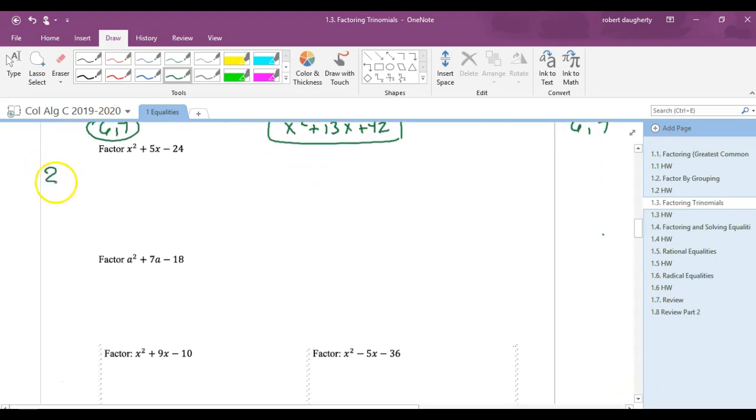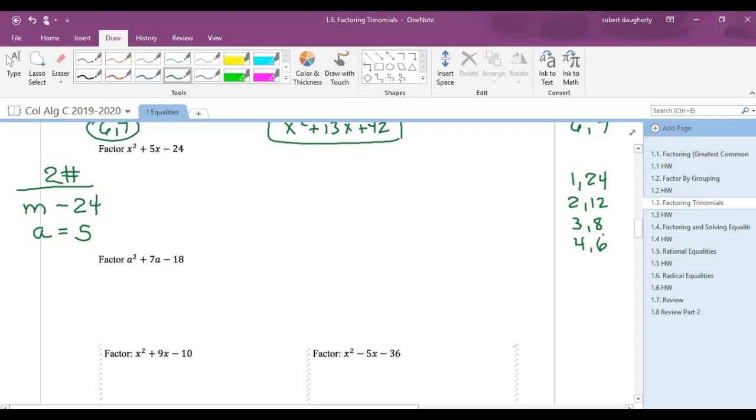So in this one, I need two numbers that multiply to give you what? Negative 24. So we've got a negative in here, and they add to give me 5. So if these numbers don't just jump out at you, and they will after a while, but what are the factors of 24? 1 and 24, 2 and 12, 3 and 8, 4 and 6, and then I get to 6 and 4, then they start repeating.